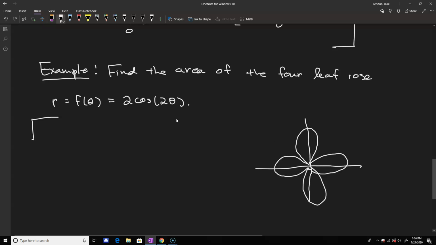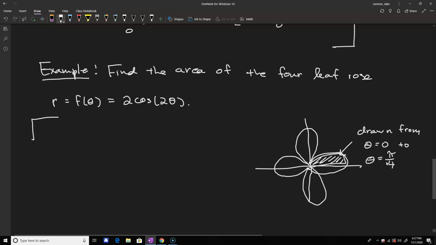It draws this entire rose in 2 pi as we go through the entire cosine. If we draw this one particular region right here, this is drawn from theta equals 0 to theta equals pi over 4.